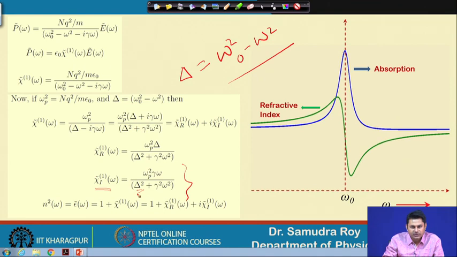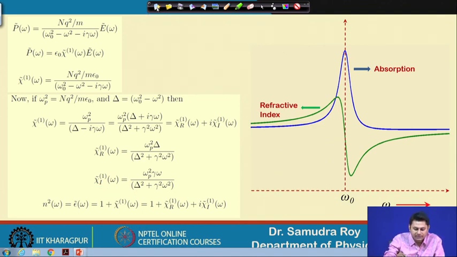When the resonance frequency matches the external frequency, the molecules, atoms or electrons will vibrate with the electric field, and most of the energy will be absorbed by the system. That is why we have a huge absorption line here.